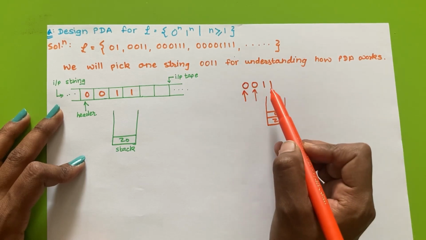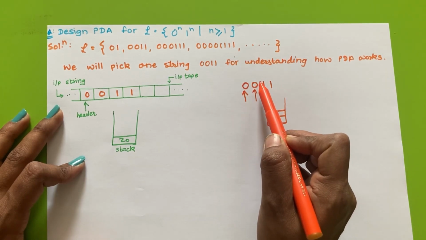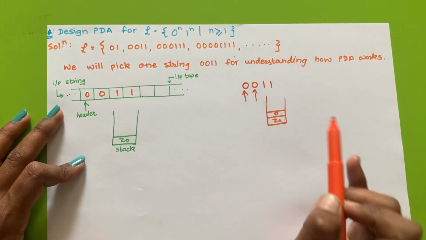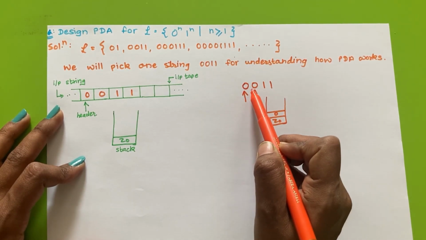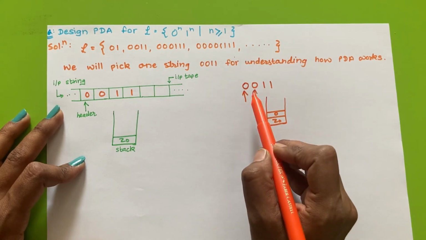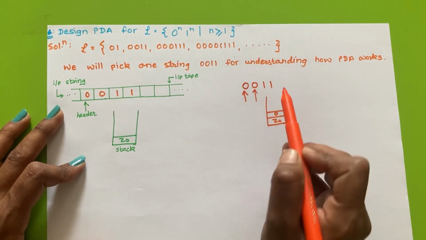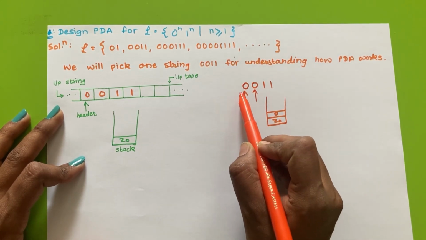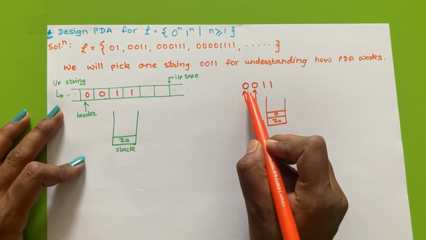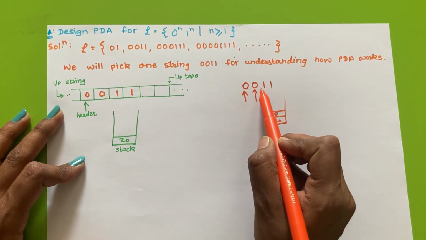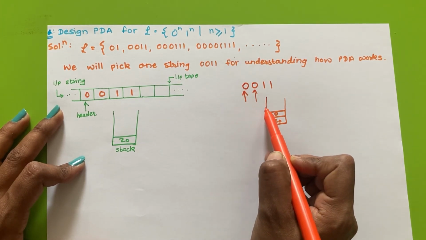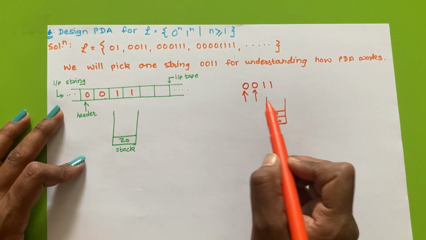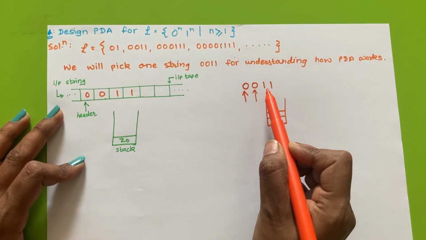So for every 1 I cancel a 0 from the stack, which means the number of zeros equals the number of ones, and the ones appear after all the zeros. First I push all the zeros onto the stack until we have the first 1 to read.